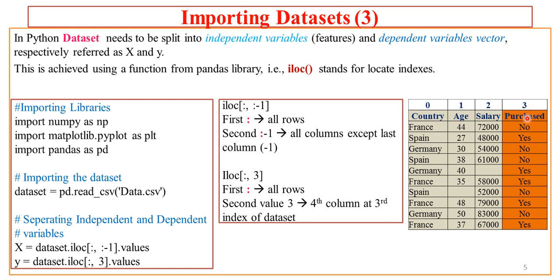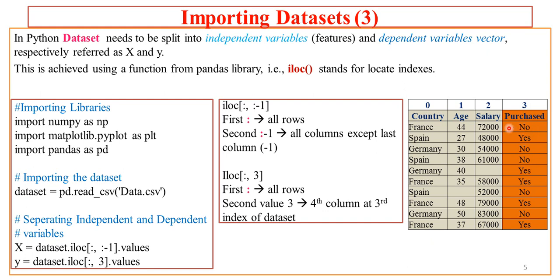Here purchased we want to be the dependent variable, which depends on the other 3 features of the data set, that is country, age and salary. So country, age and salary are the independent things on which the purchased attribute is dependent.